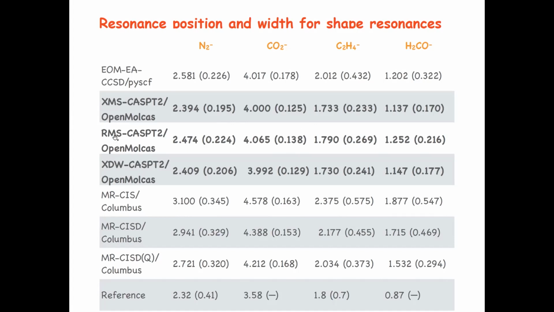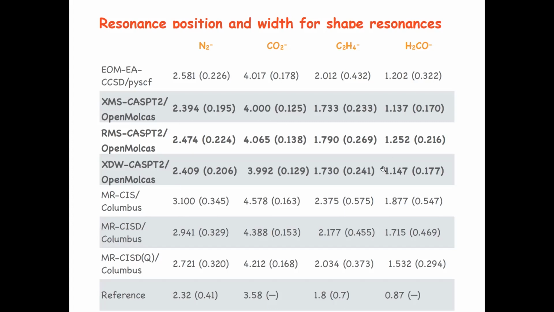But one note here is that this is the case when we choose our active space and model space for multi-reference perturbation theory in a smart and consistent way. If you have any questions and want to learn about it more, I'll be happy to talk about it. But if you do that, all multi-state perturbation theories give results that are pretty close, both in resonance energies and resonance widths.